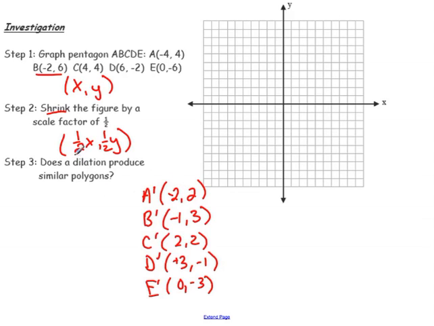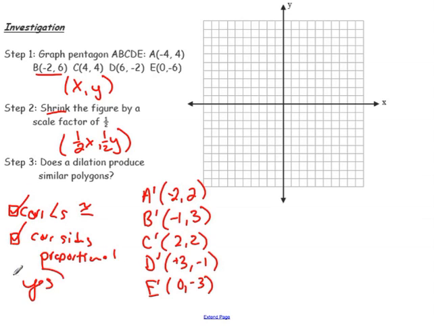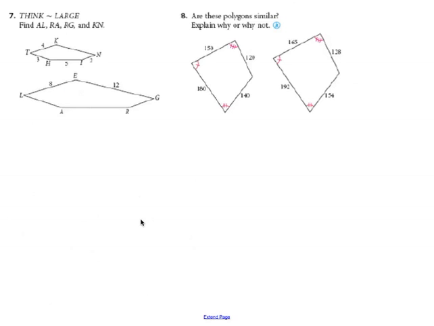The corresponding angles are going to be congruent, and the corresponding sides will be proportional. So check mark there, check mark there. What that means is yes, these two, after they've gone through the dilation, are similar figures.